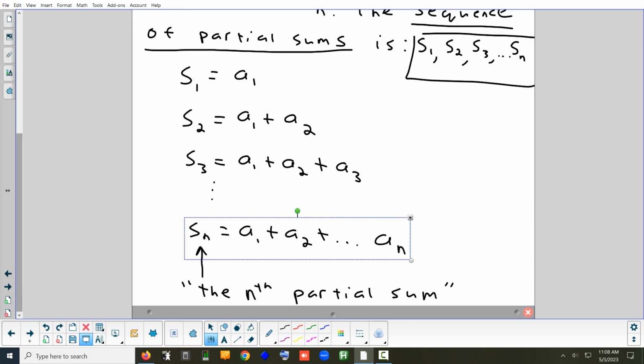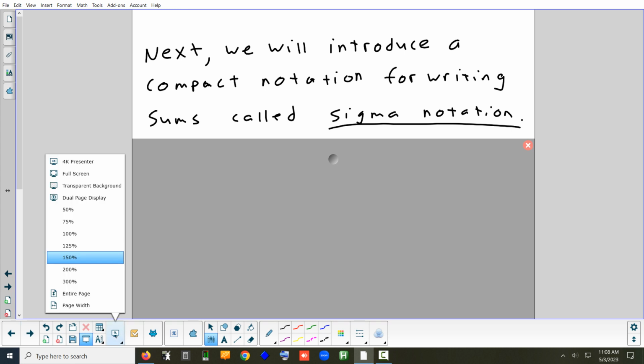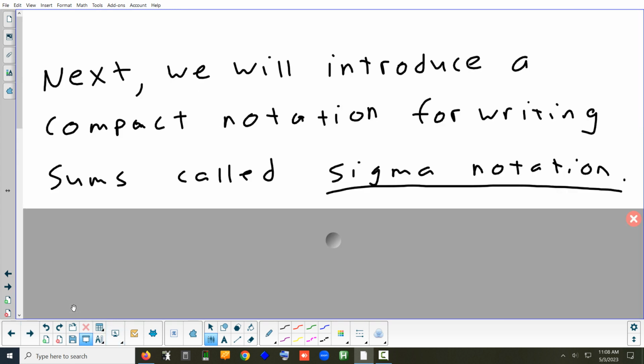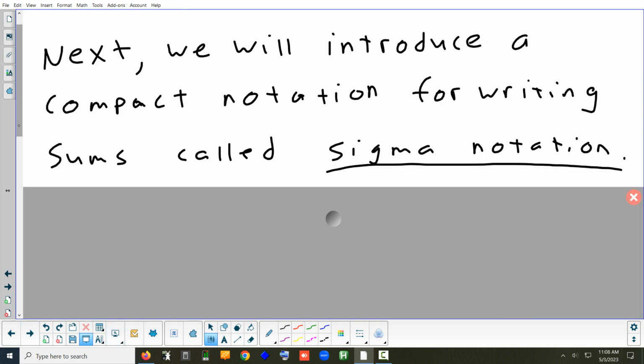Okay, we did that. All right, let's look at this. So we got to start looking at a different kind of notation to write things down. Because if I want to write down, pretend I want to write down adding up 1,000 numbers. Well, I would rather not have to write the number plus another number, 1,000 times.